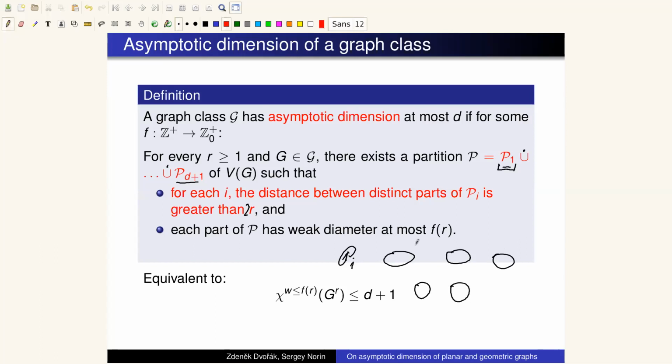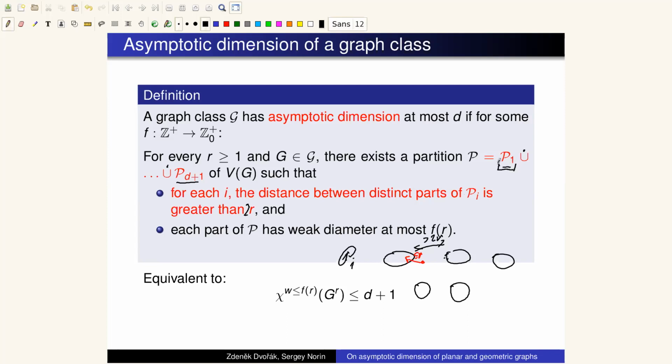any vertex can be close to at most one of them, because if this distance is at most R and the distance between any two sets is greater than 2R, the ball of radius R cannot also intersect this one.